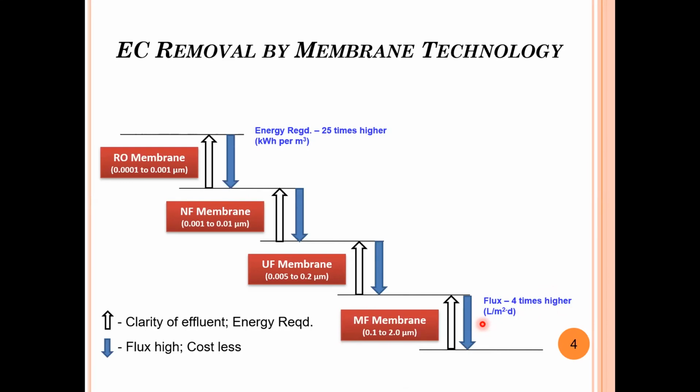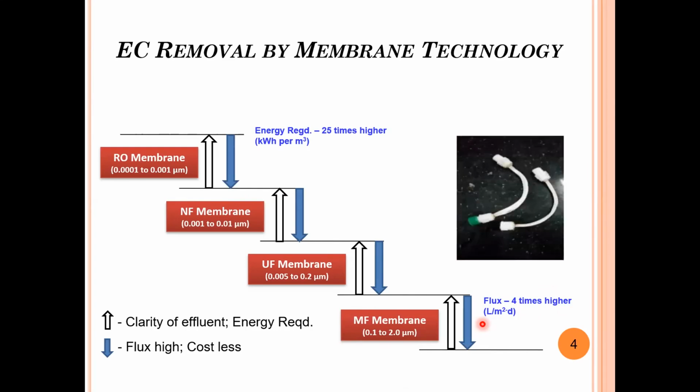The typical advantage of membrane technology, and why it is getting so popular, is that it can be formulated to any shape and any size. You can make nanofiltration membranes and customize them based on how much meter square area you require.